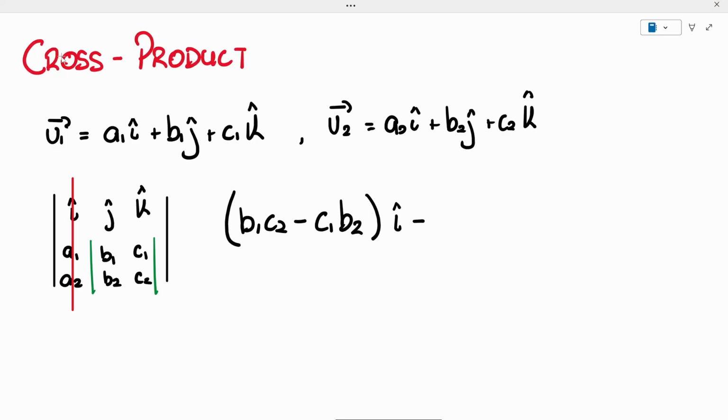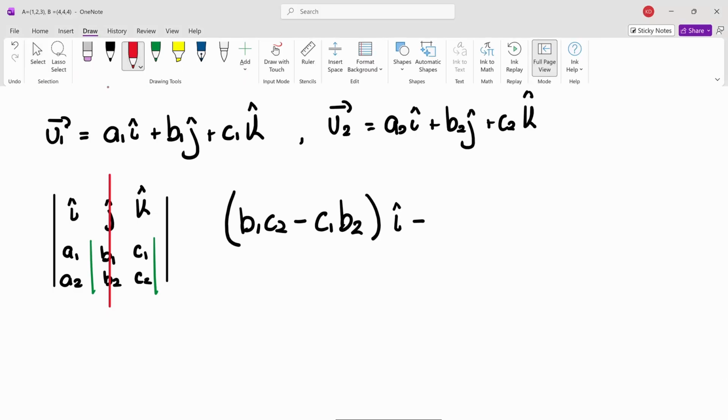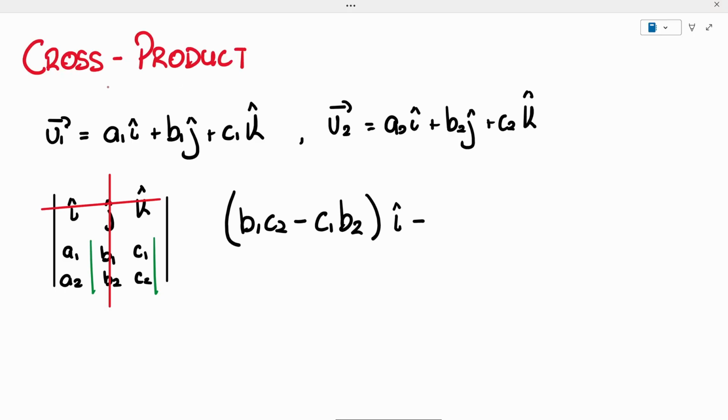Now, we'll block out. This, we're still on the first row, but now we're blocking out the second column, right?